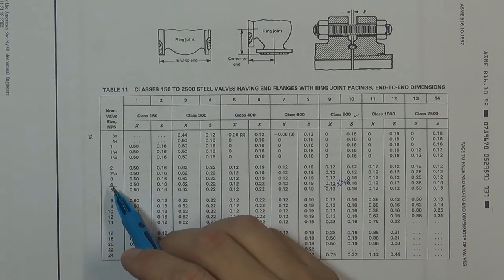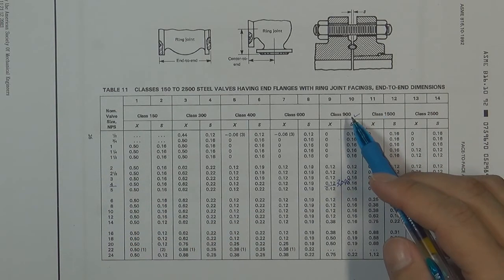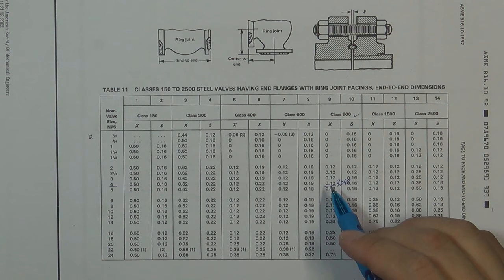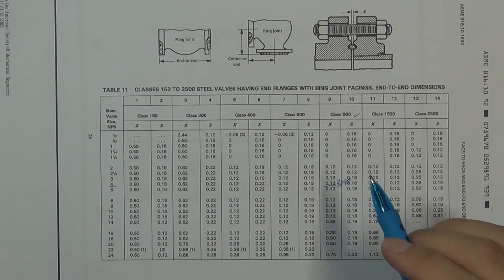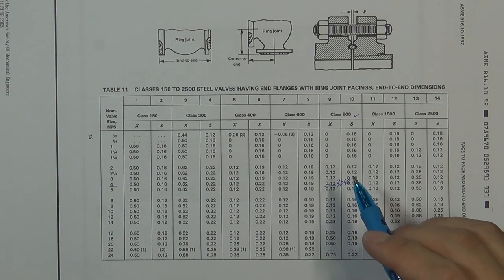The ball valve is 4-inch. The pressure is 900 pressure class. So the X equals 0.12 inch, which is approximately 3 millimeter. And then we add this 3 millimeter to the raised face flange valve length.